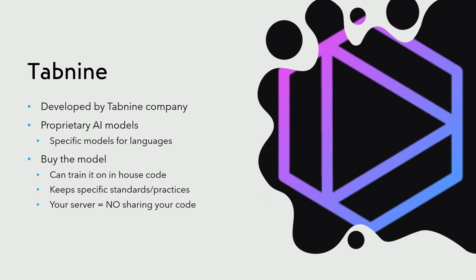So this is really tailored towards businesses. Once you have the model, you can host it on a server, the cloud, however you want to host it. But you can train it on in-house code. So you can take either the GitHub repositories you have if they're private, or anything hosted on a server.